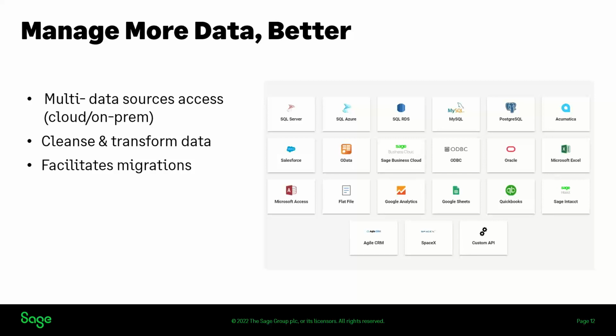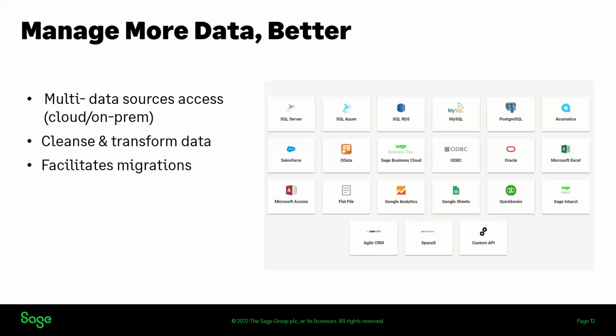So something outside of Sage, for example, anything with an ODBC web API can easily be brought in. A lot of the time we also see Excel files or flat files that organizations would like to connect to. SEI provides the ability, with those connectors through the data sync, to access information, pull in information, whether it's on the cloud or on-prem, and consolidate that data together for reporting purposes.